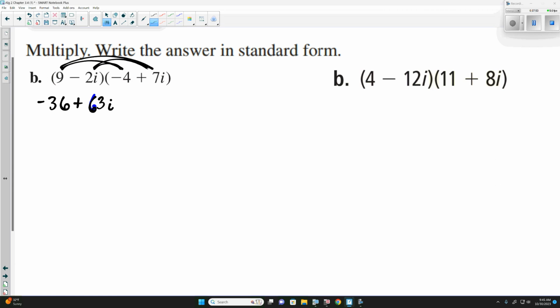Then we do the same thing with negative 2i. Negative 2i times negative 4 will be plus 8i. And negative 2i times 7i is going to be negative 14i squared.